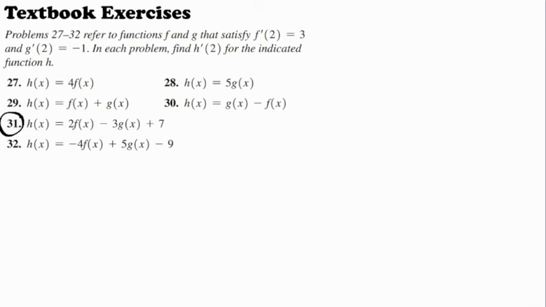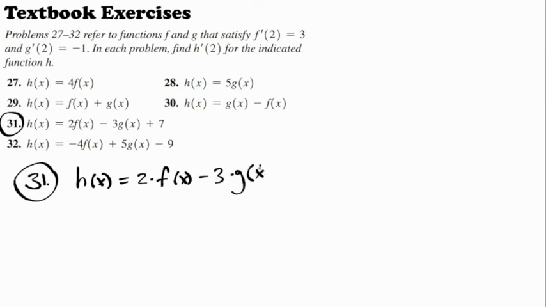Let's look at this again for problem 31, where h of x is defined as 2 times f of x minus 3 times g of x plus 7.